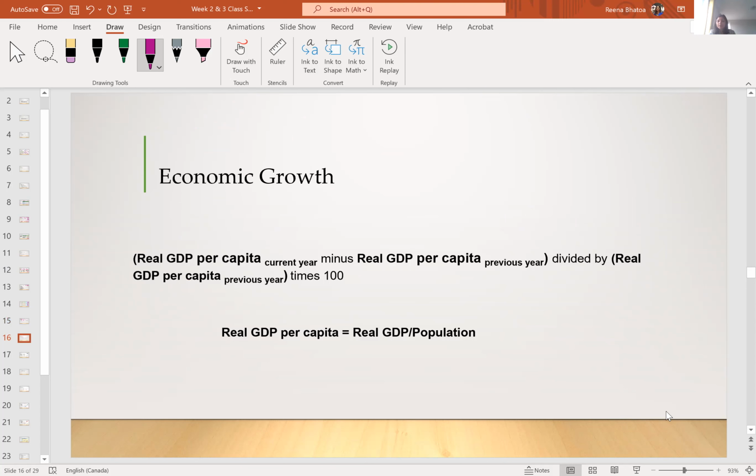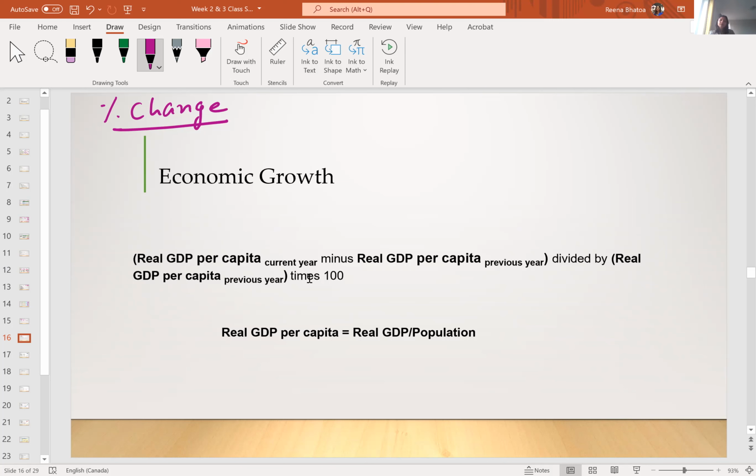Yes, another important part is calculating economic growth. You might have studied, or are studying, a business math course, in which you calculate the percentage change formula, right? So this is a very important formula, the percentage change formula. This is actually the growth rate formula.